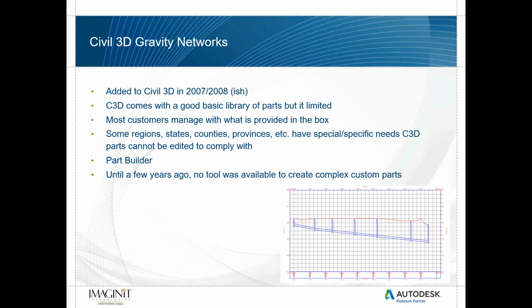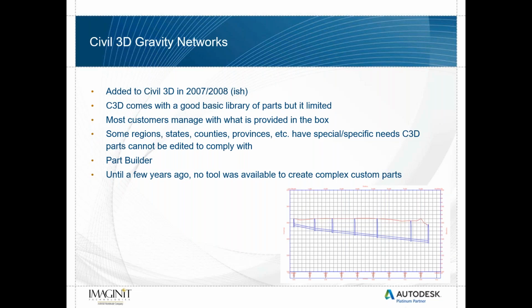If we take a stroll down memory lane of Civil 3D for just a minute, Autodesk built out Civil 3D in pieces, and there was a point in time where it seemed like every year, when the product would release, there was some brand new feature. The best that I can remember, pipe networks got added in 2007, 2008-ish.